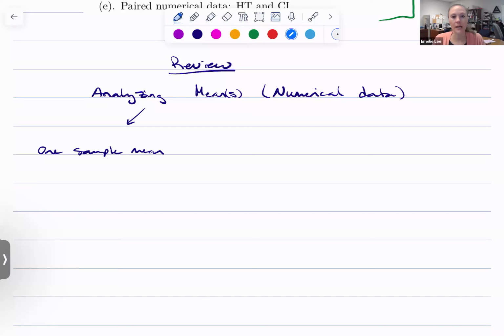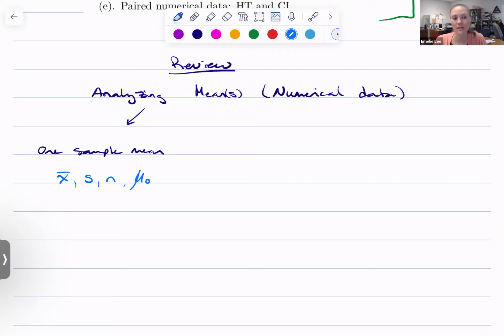What's the information that I have to give you in a one sample mean type of question? Well, I have to give you the sample mean, the sample standard deviation, and the sample size. I also need to give you mu naught, the value that we want to compare the sample mean to, right?